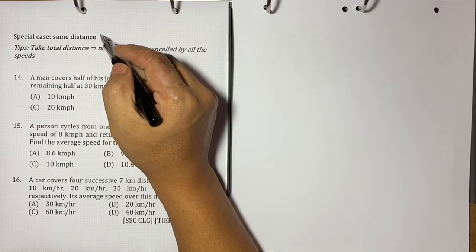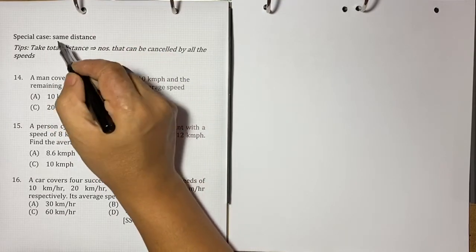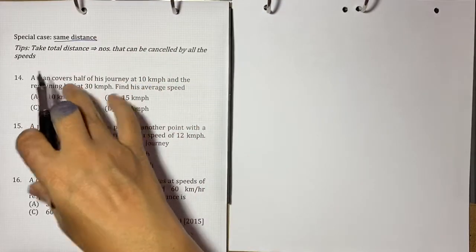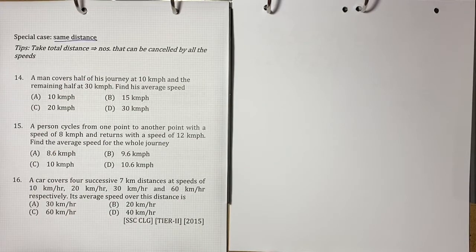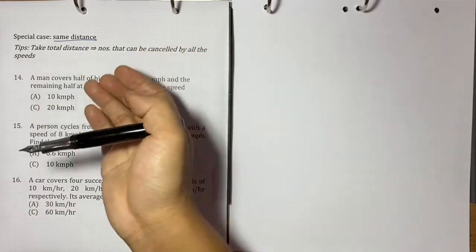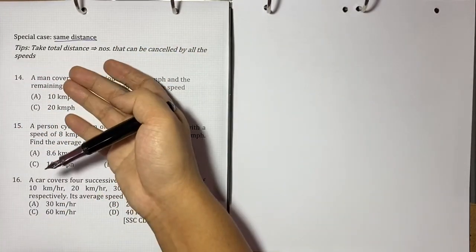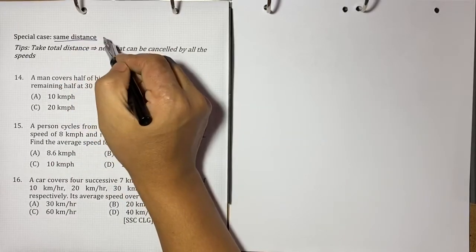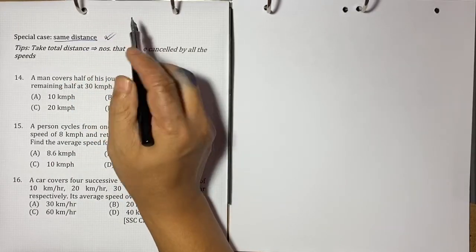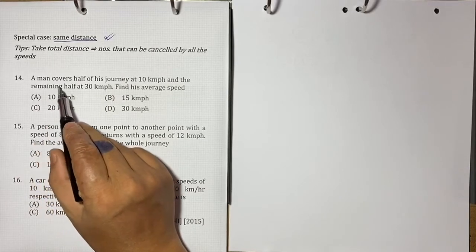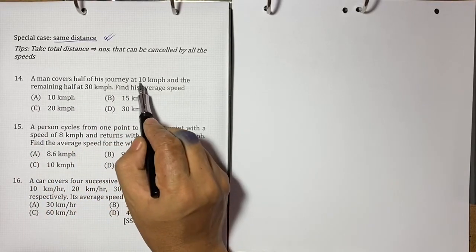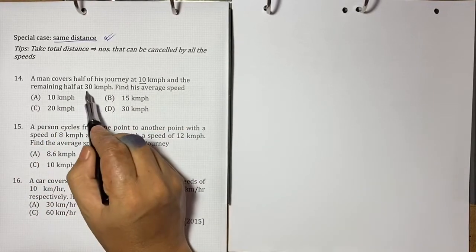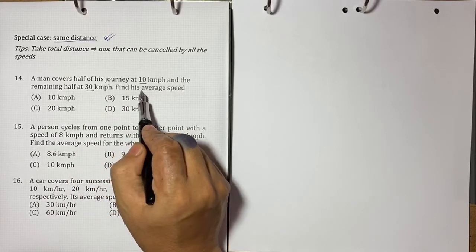Okay, average speed in the special case of the same distance has a formula, but I don't recommend the formula for this particular problem. Here is another method. A man covers half of his journey at 10 km/h and the remaining half at 30 km/h. Find his average speed.